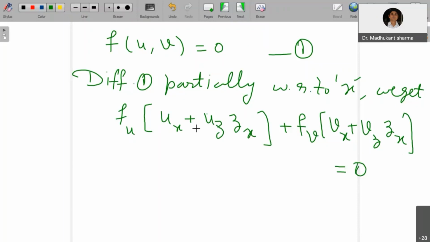Since we are differentiating partially with respect to x, x and y are treated as independent variables. Z is a dependent variable on x and y. That is our basic assumption.